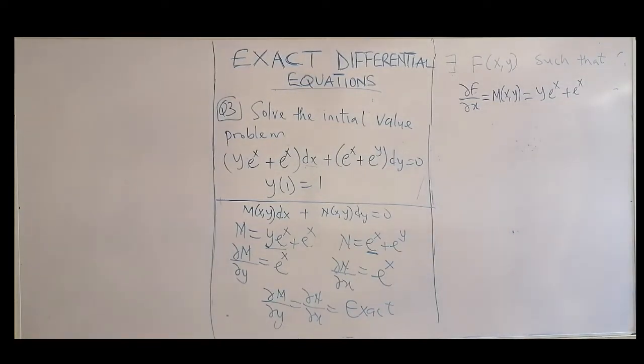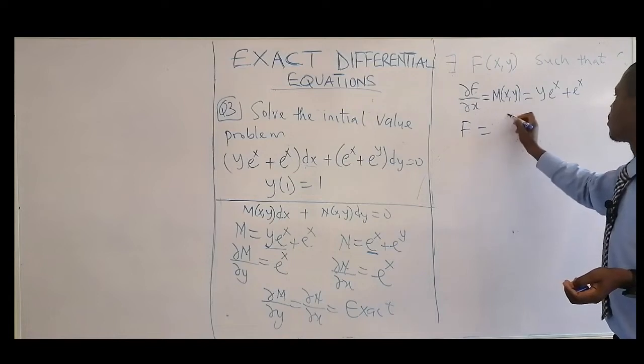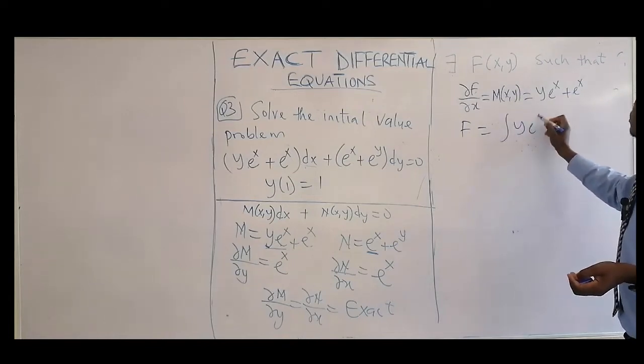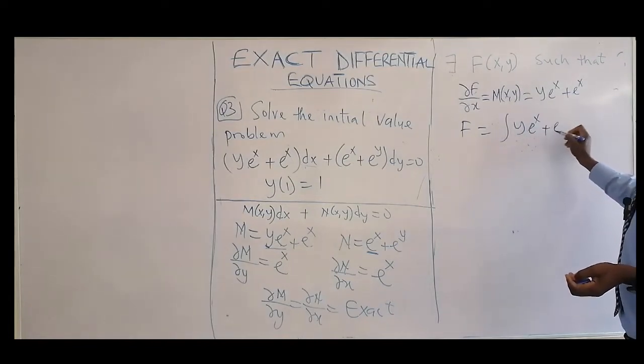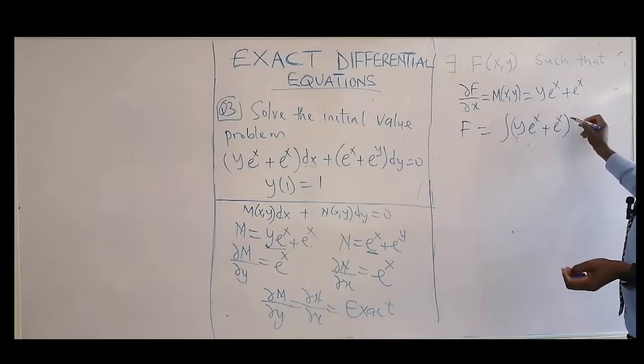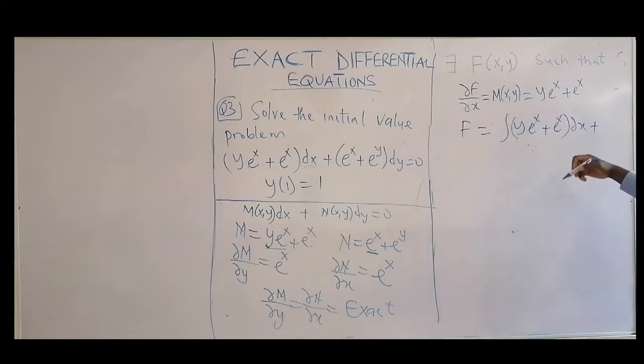With this statement, what you do is integrate both sides partially with respect to x. So your f will become the integral of this plus this, with the partial differential, plus g of y.